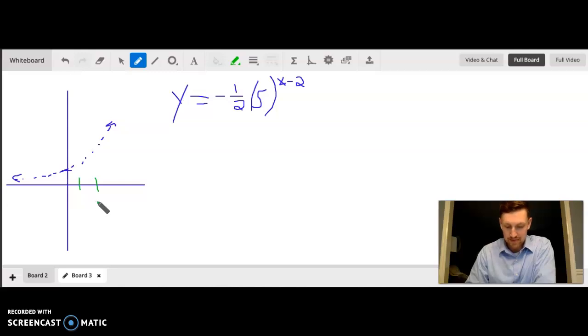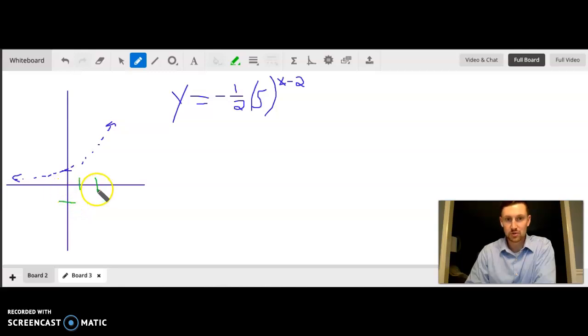And by flipping it over, because it flipped over, it now still doesn't approach the x-axis, but it is compressed because of the fraction. So here's my point.